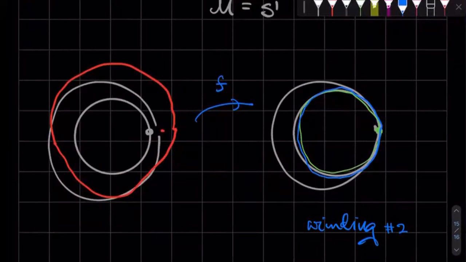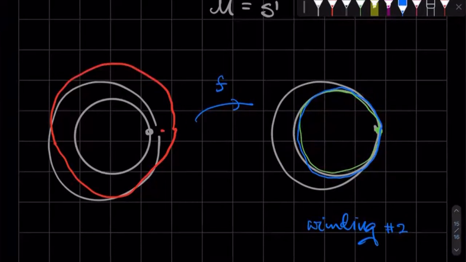So there could be an infinite number of windings. For the circle, if you wind around once, that gives you a map which does not shrink down to a point. But the map which winds around twice cannot be deformed into a map that winds around once.